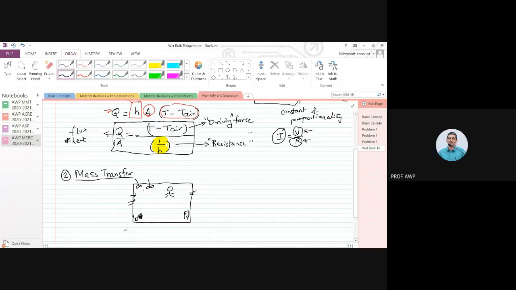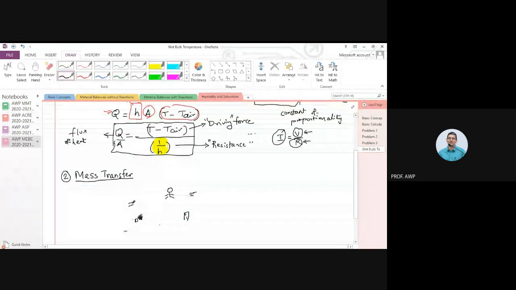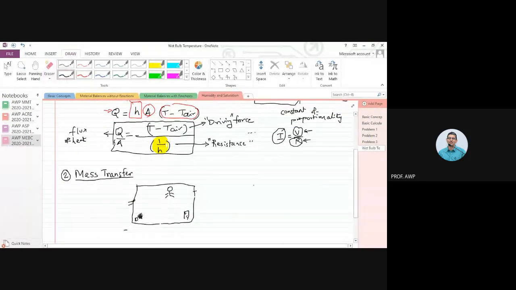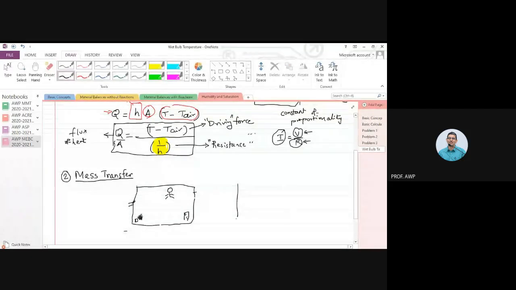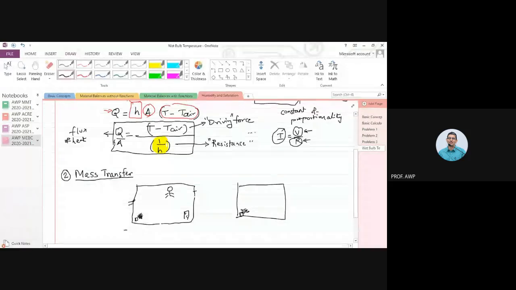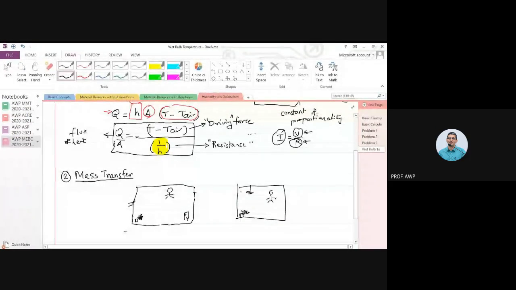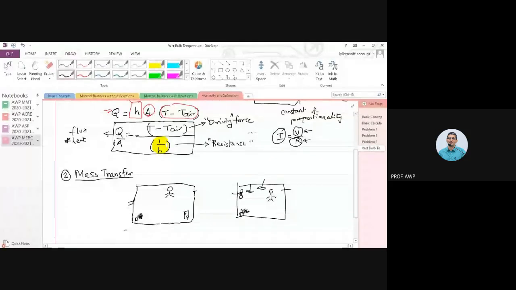And if I have the fan going around, or if I have windows open, or if I don't have them, I have stagnant air. Which case will I have faster transfer of perfume from the perfume can to the person sitting around?